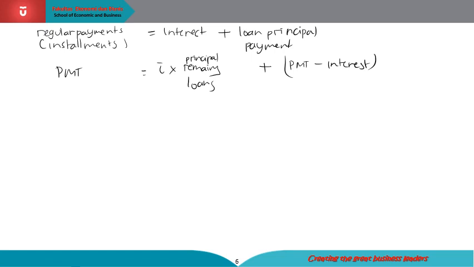Now the way to break this down is to start by calculating from the principal remaining loans. Starting from the first year, the principal remaining loan is, of course, the initial loan value.